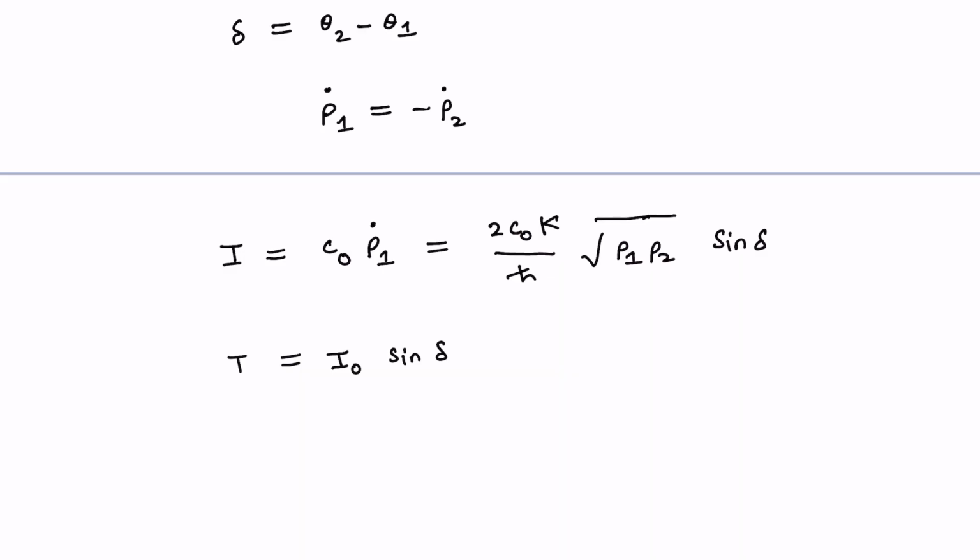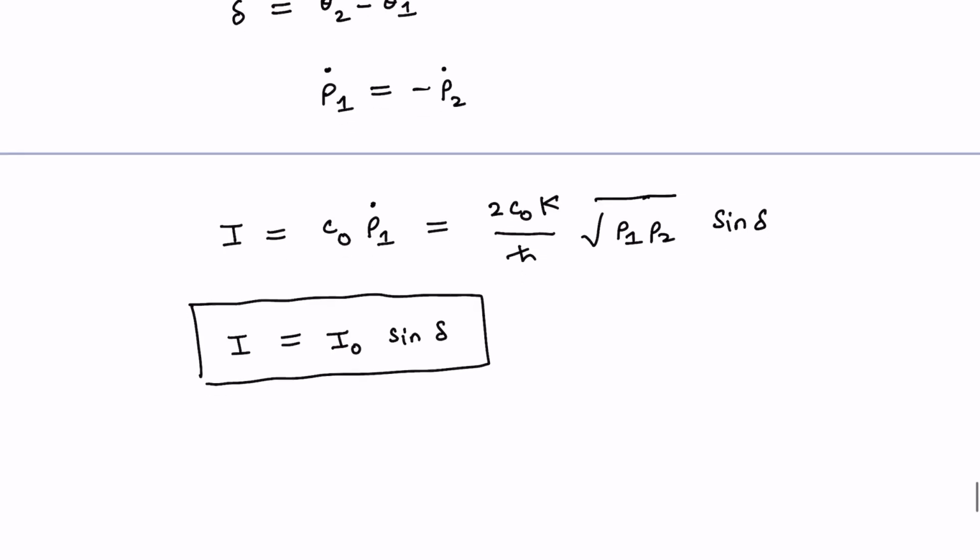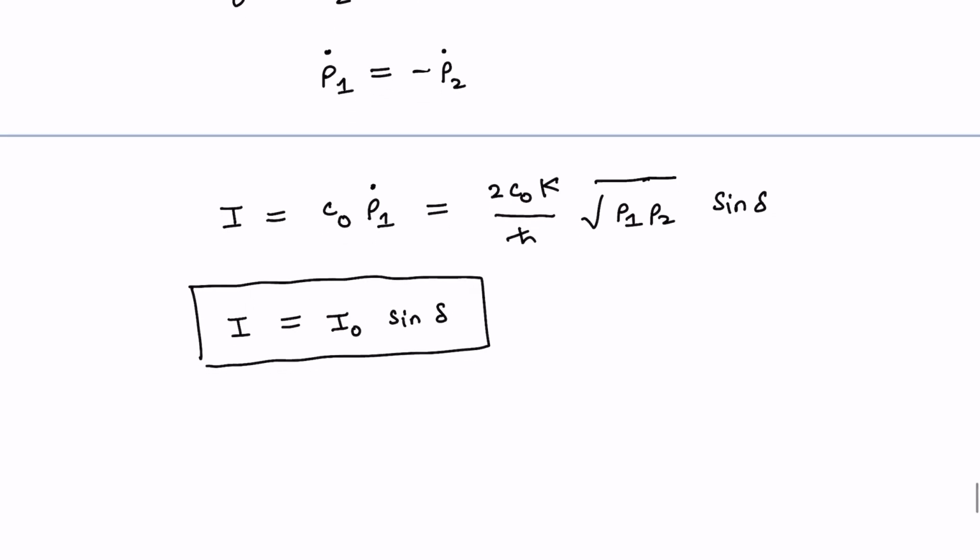So I is equal to I naught sine delta, which was the equation got by Brian Josephson from experiment, and here we have got it using the model.